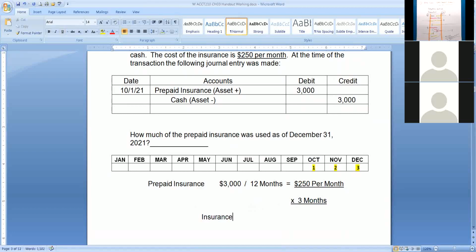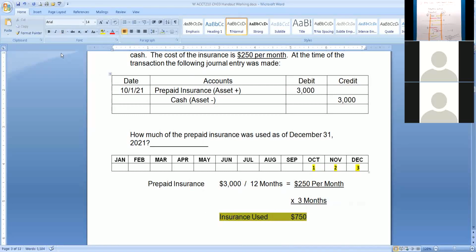So the insurance used in dollars, $750. How much? $750. Yep. So 750 of it was used.